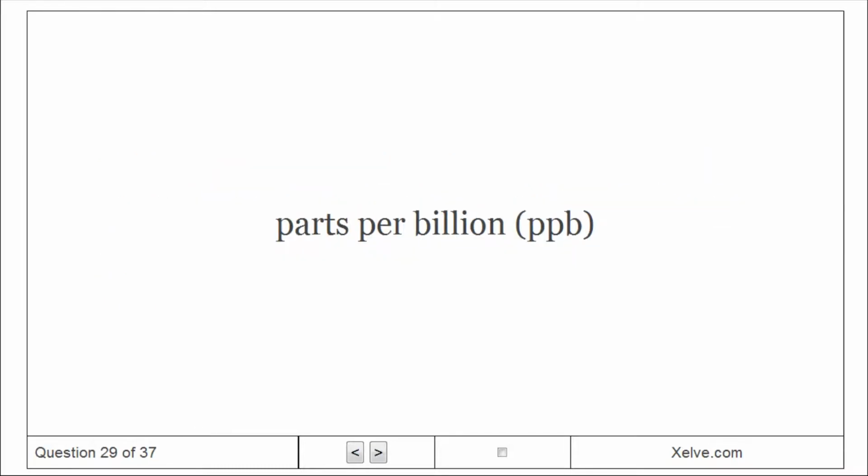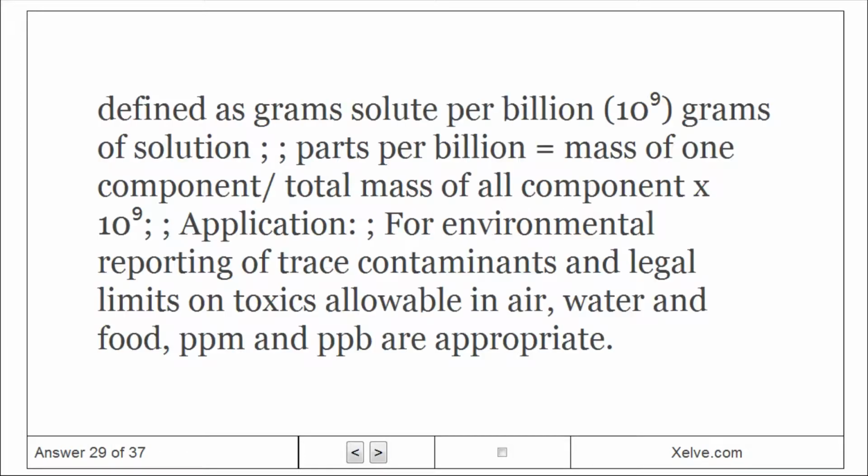Parts per billion, defined as grams of solute per billion grams of solution. Parts per billion equals mass of one component over total mass of all components times 10^9. Application: for environmental reporting of trace contaminants and legal limits on toxics allowable in air, water and food, ppm and ppb.